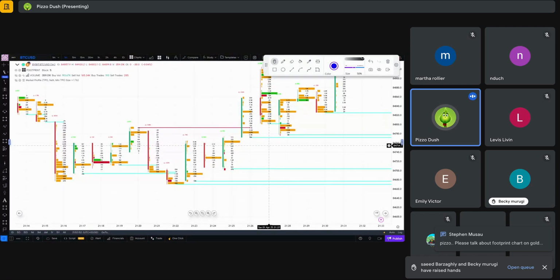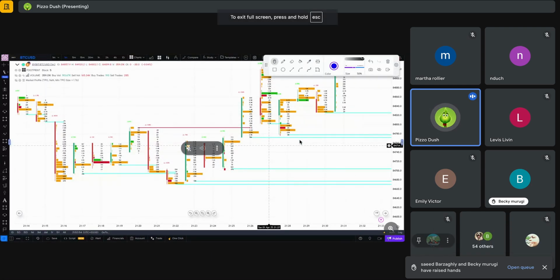Someone says, please talk about footprint chart on gold. I rarely trade gold. Those of you trading gold, you should backtest with footprints and tell us whether it respects. I don't like gold because sometimes I see a lot of traders getting liquidated. What I know is that most of the time gold prices are controlled by central banks.